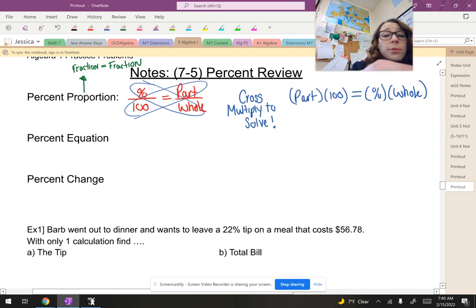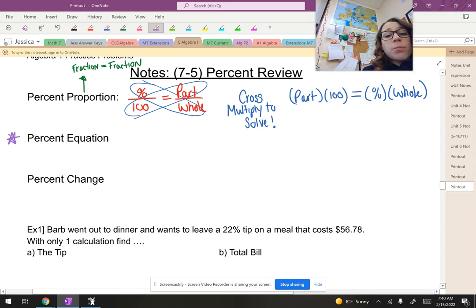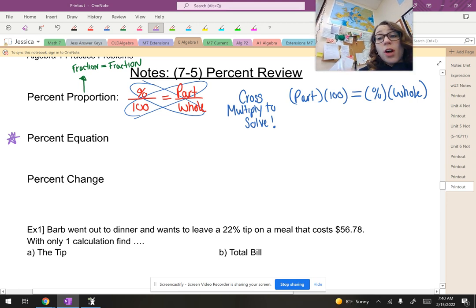The next one is the percent equation, and this is the one you're going to want to start using more and more than the percent proportion. And the percent equation comes from the percent proportion. If we come back over here to that cross multiplication and we solve it for part, what's preventing part from being by itself here is that 100. Part and the 100 are being multiplied, so the inverse of multiplication would be to divide.